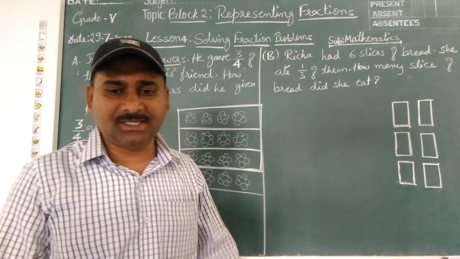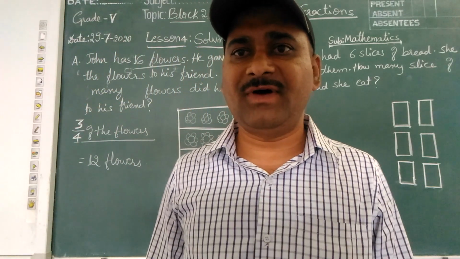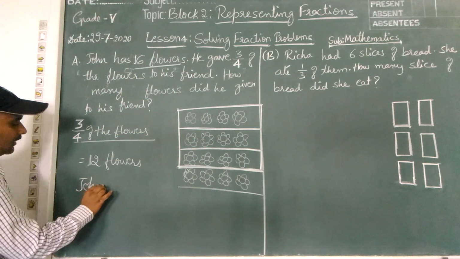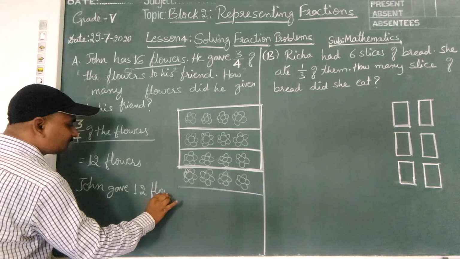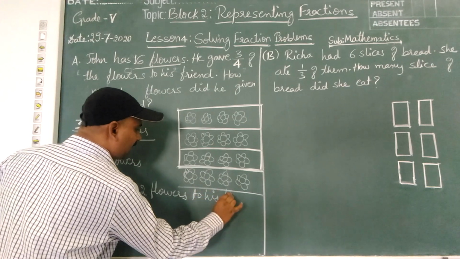So, what is your answer? John gave 12 flowers to his friend.